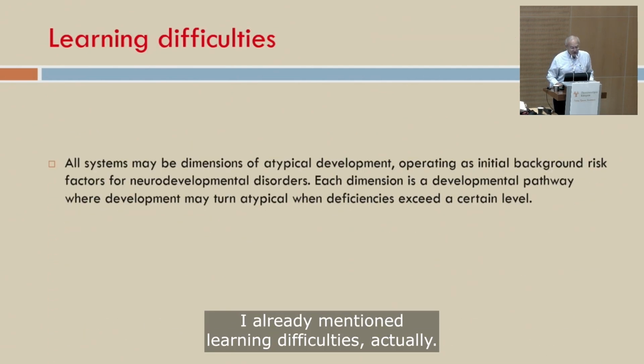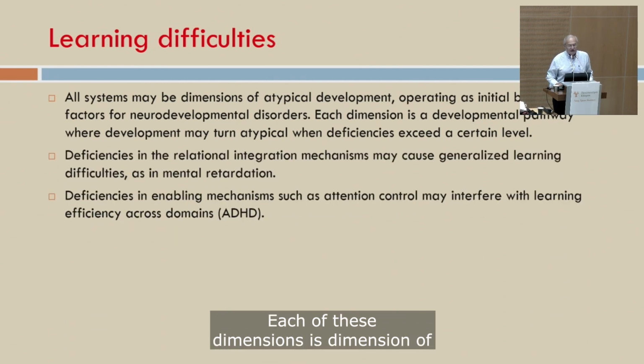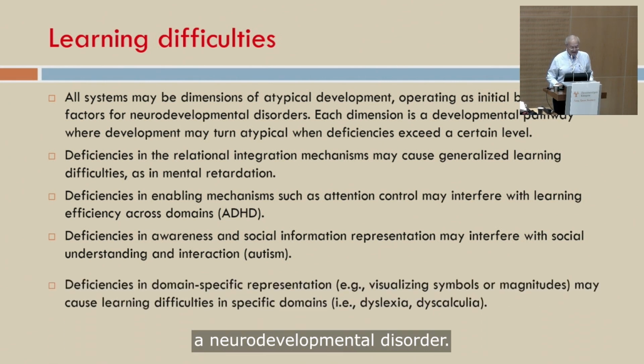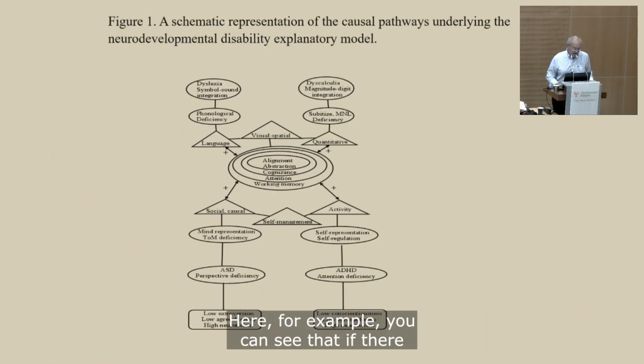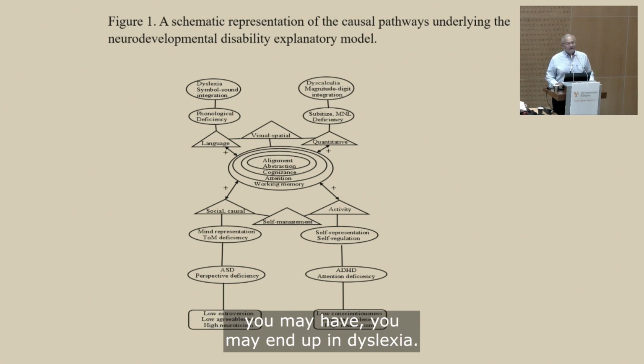I already mentioned learning difficulties, actually. Each of these dimensions is a dimension of a neurodevelopmental disorder. Here, for example, you can see that if there are hearing problems or visual perception problems, you may end up in dyslexia.